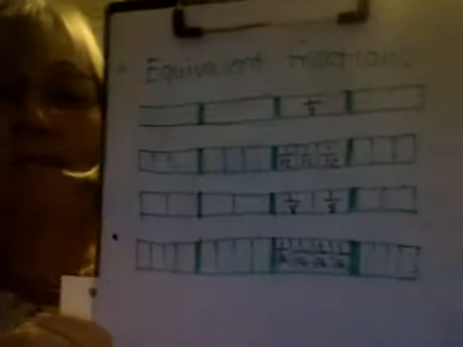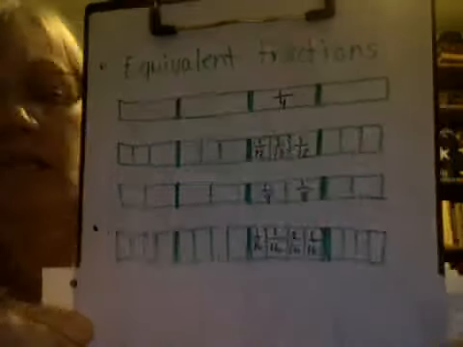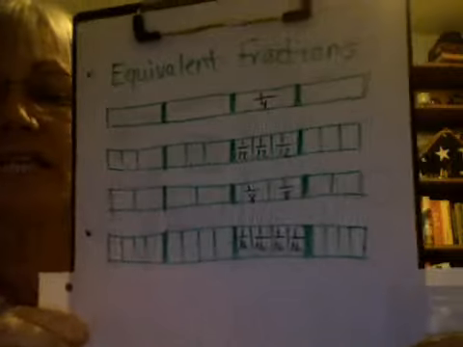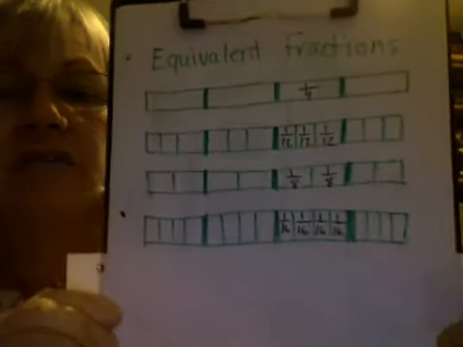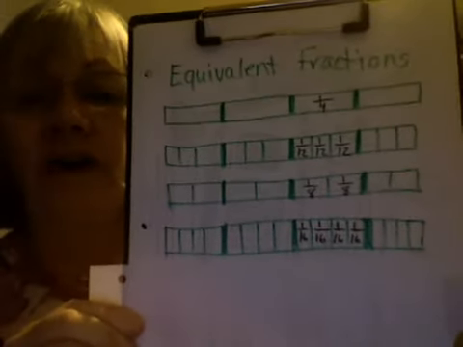Here comes the last one. If we cut it again into even smaller pieces, each piece is 1/16. You can see that the number in the denominator is a higher number.